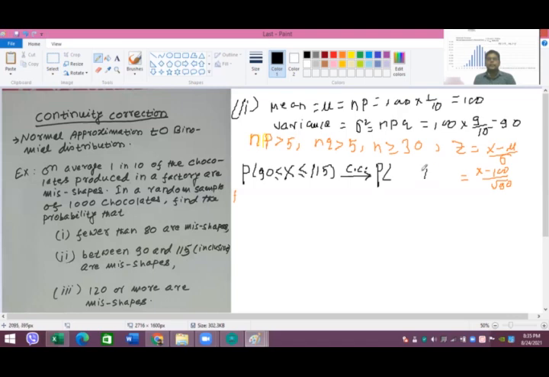So for less or equal to, I write here less than, and it should be included, so it is 115.5. Does it make sense? Yes, 115.5 is at a continuous point, and less than 115.5 also includes the discrete point 115.